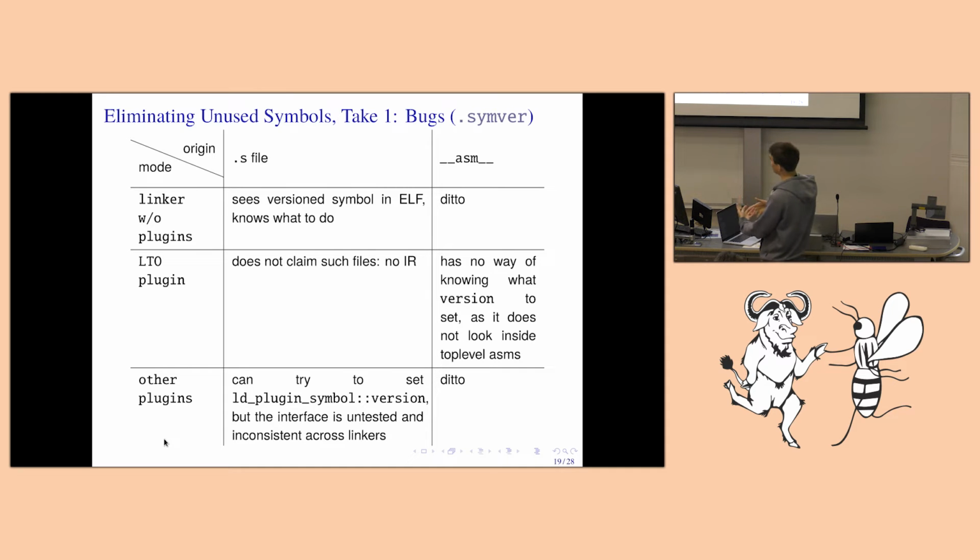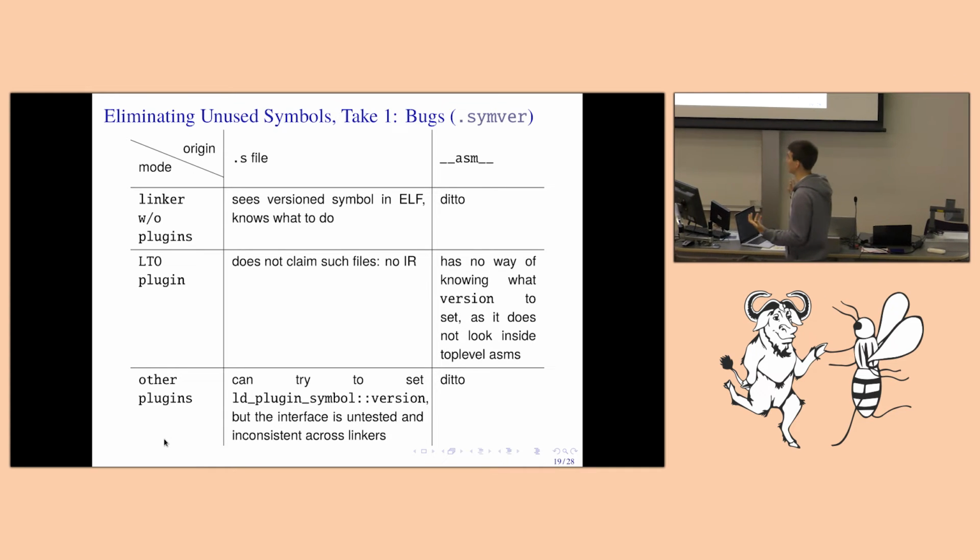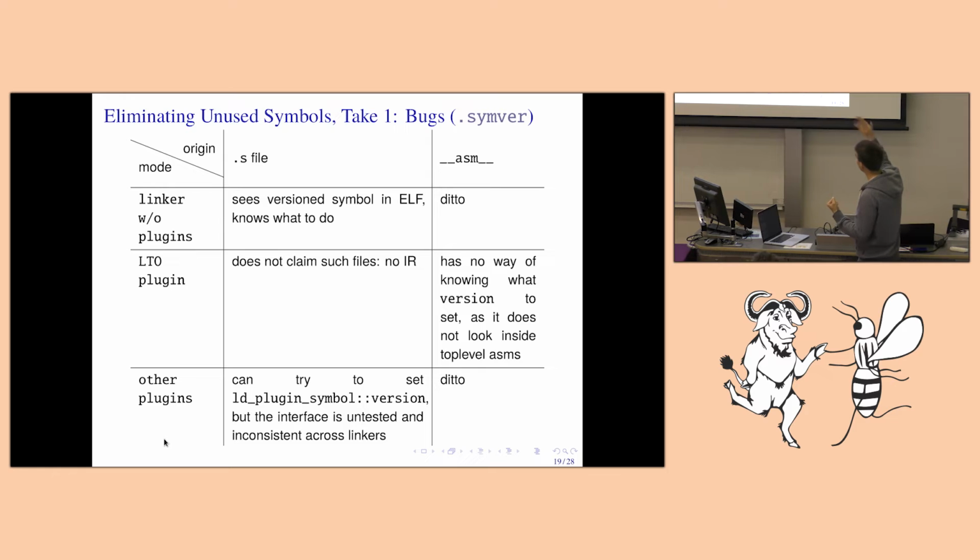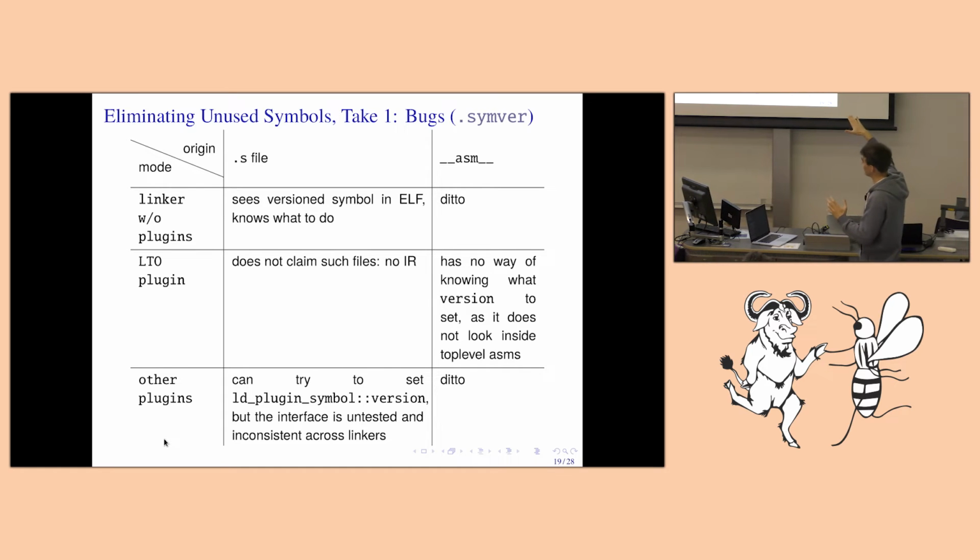Now, in the case of the LTO plugin, if the symvered file comes from regular assembly, the LTO plugin just does not claim these files because they're assembly files. They don't have any GIMPLE IR, obviously. In the case of inline asm, the LTO plugin has to deal with it because now it's in the bytecode.